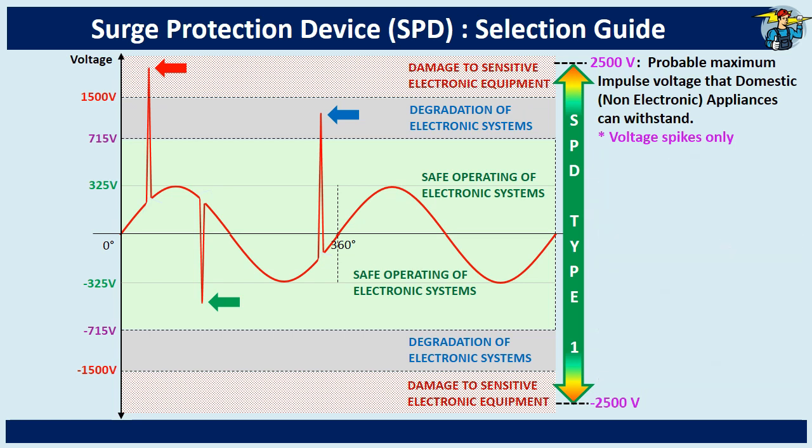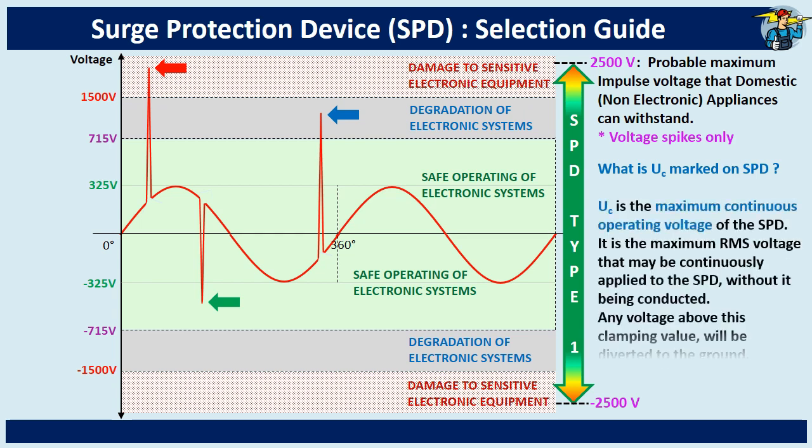What is UC marked on SPD? UC is the maximum continuous operating voltage of the SPD. It is the maximum RMS voltage that can be continuously applied to the SPD without it conducting. Any voltage above this clamping value will be diverted to the ground.